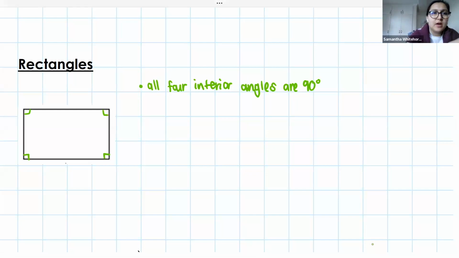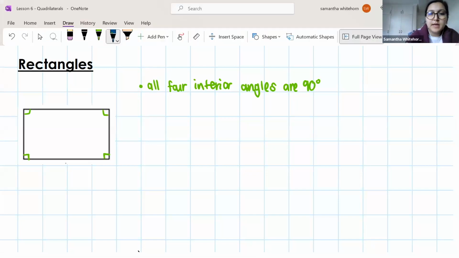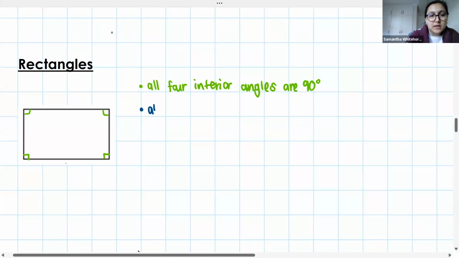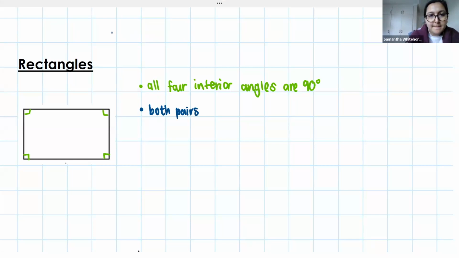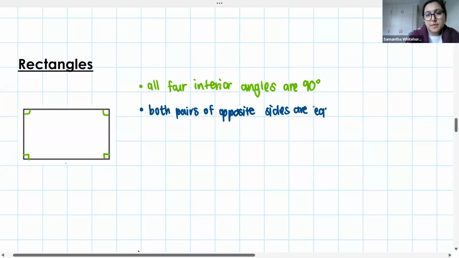Right, another characteristic that's come in is that opposite sides are equal. Sorry.